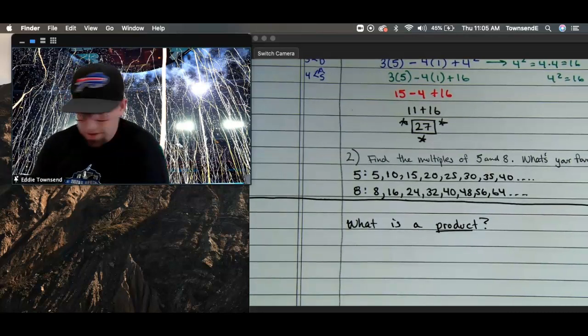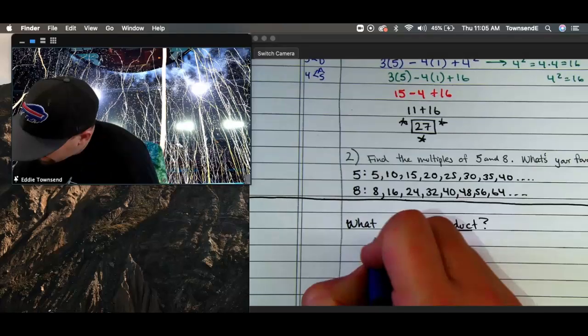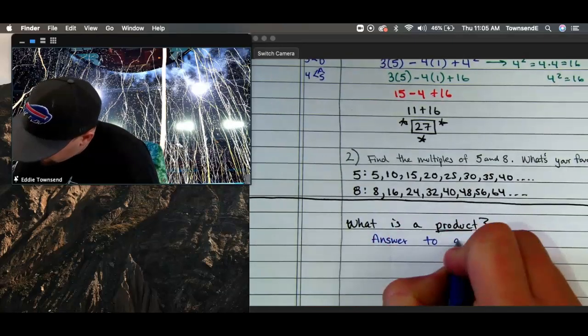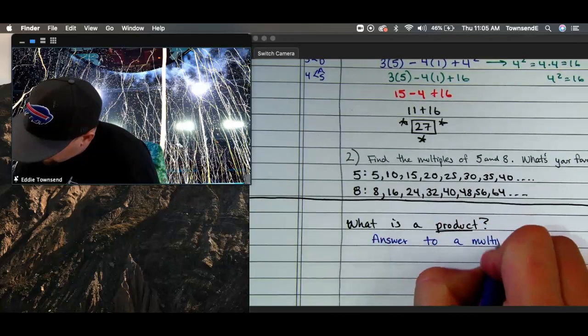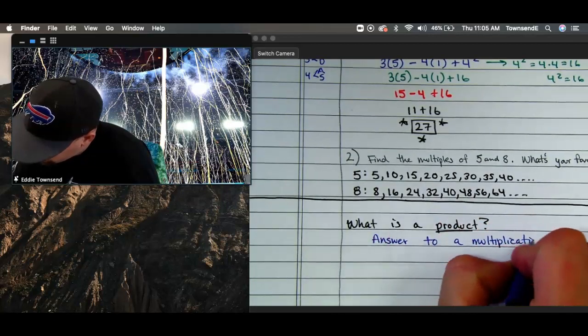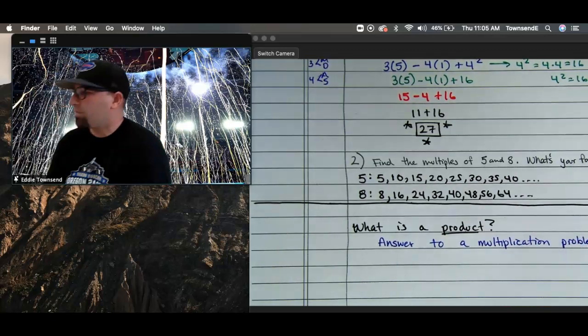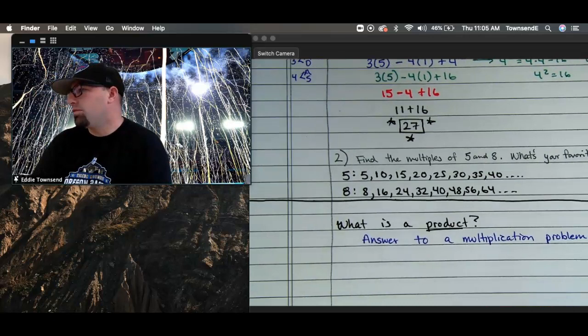What is a product? A product is the answer to a multiplication problem. The answer to a multiplication problem.